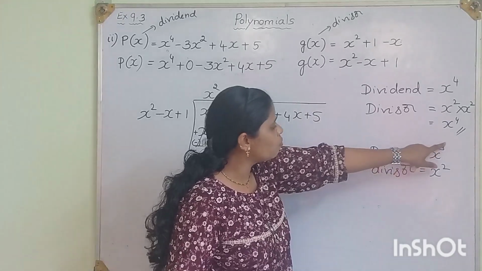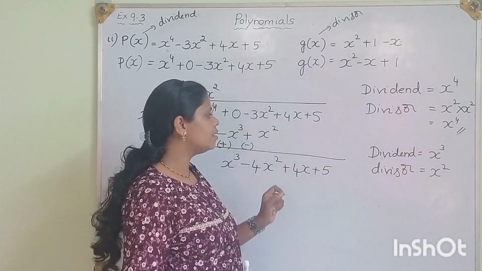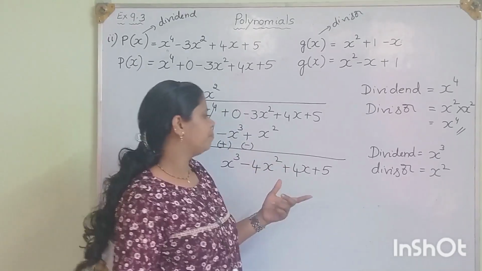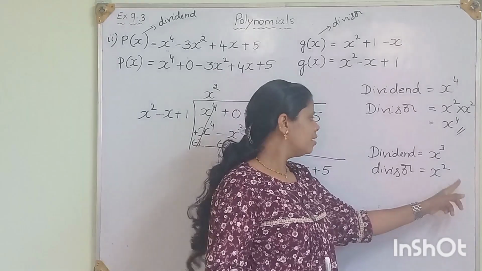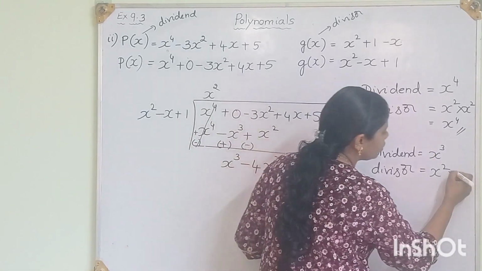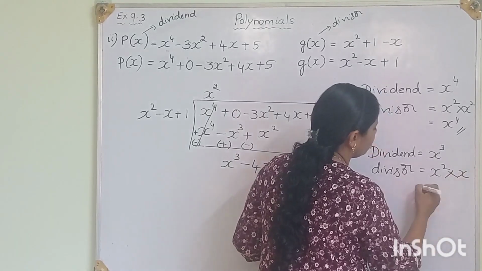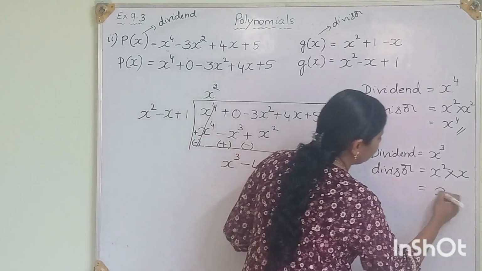That is x cube, it is more than the x square, isn't it? So we can divide. Now, which one do I have to multiply here to get x cube as answer? Here we have to multiply x so that we will get x cube as answer, right?